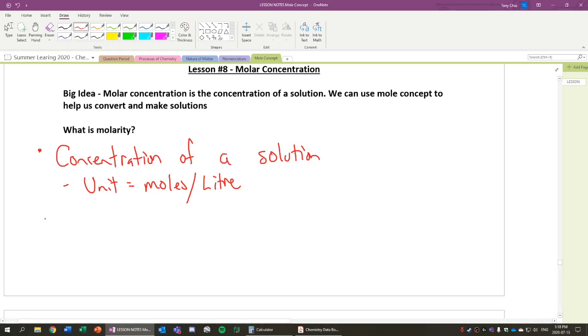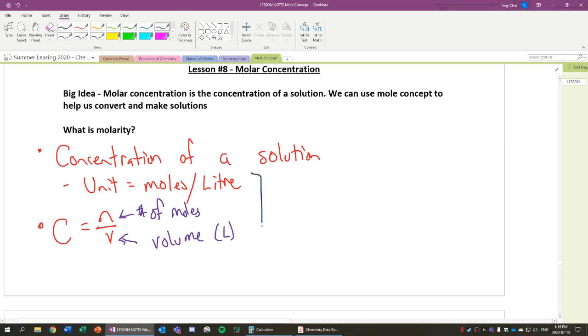The equation for it is C, concentration, equal to n over V, where n is the number of moles and V is your volume in liters. And thus, because of that, we have another conversion factor because it's a derived quantity.